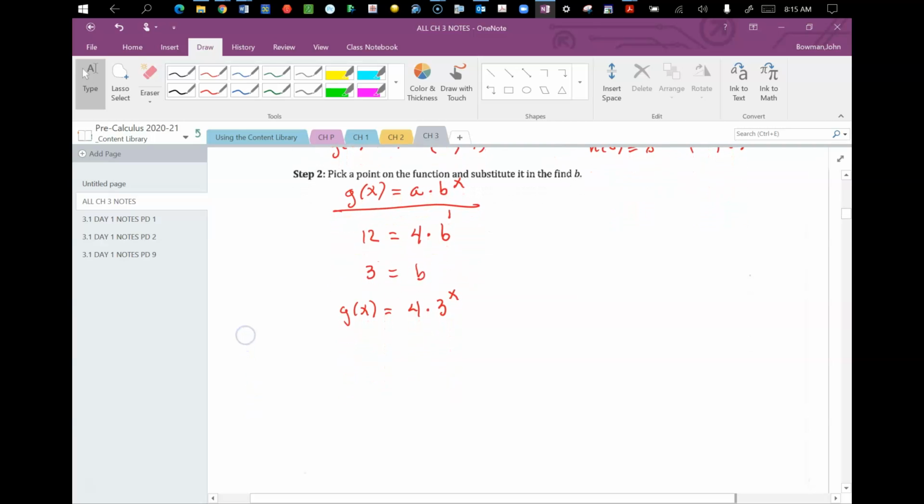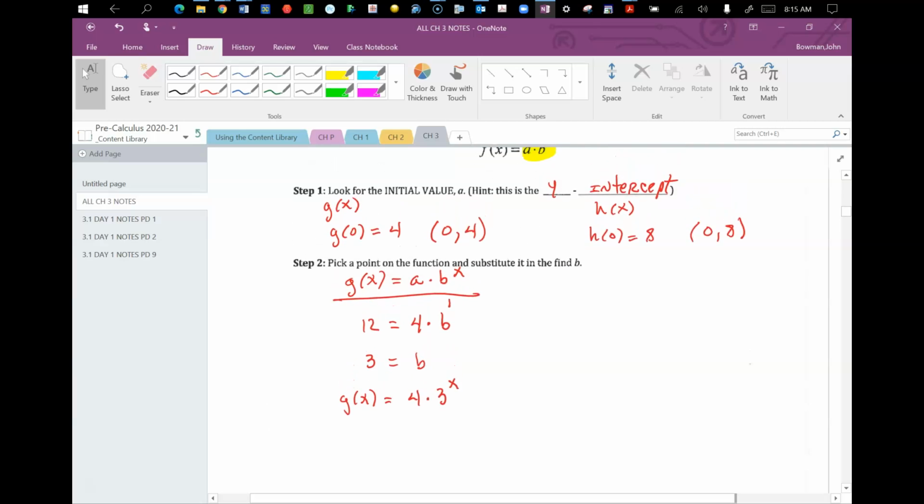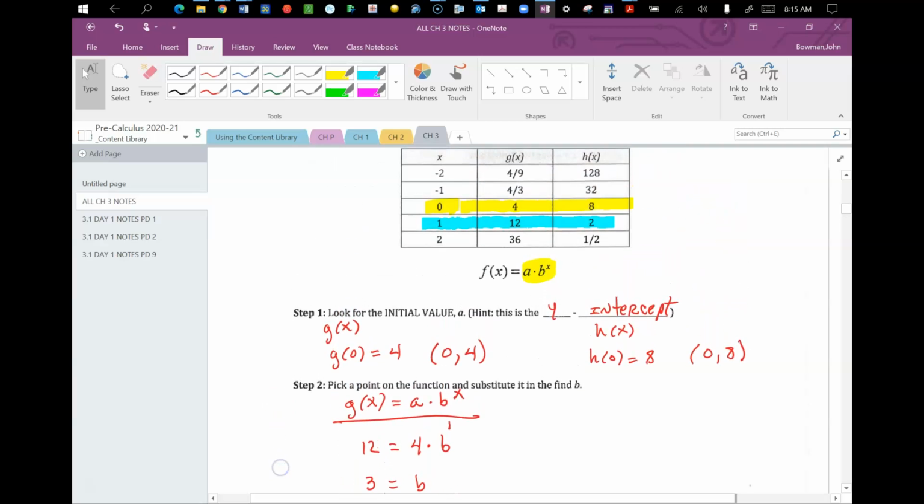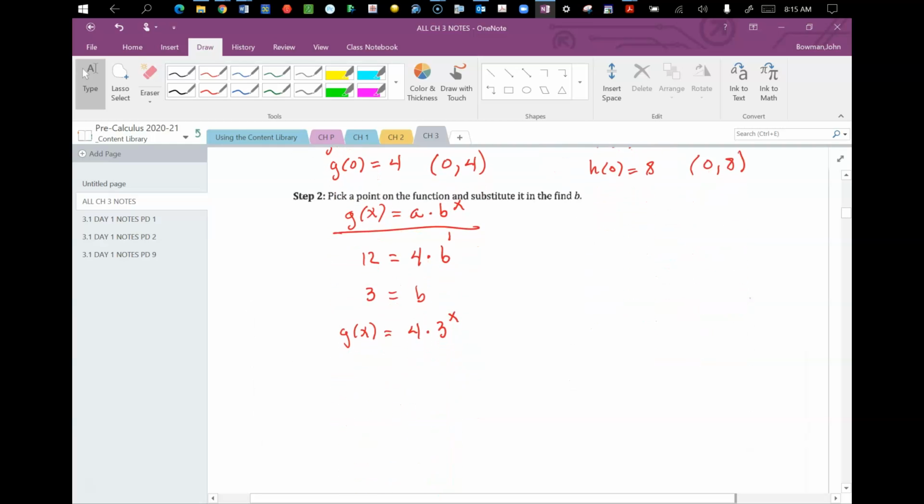However, if you're not given a simple point where x is equal to 1, you can still do this. So let's pick another set of values to plug in. I'm going to highlight it in green, let's pick (2, 36). So when x is 2, g of x is 36.